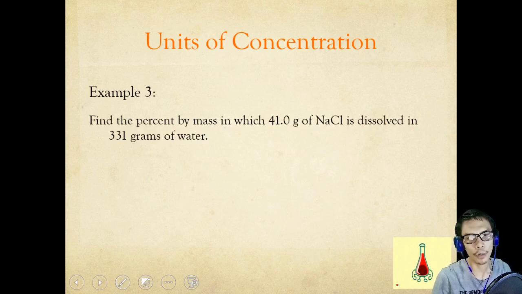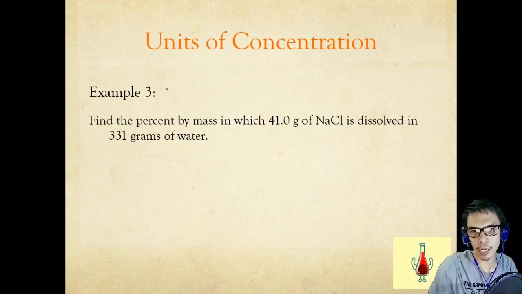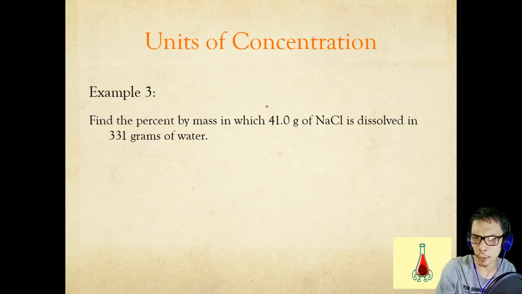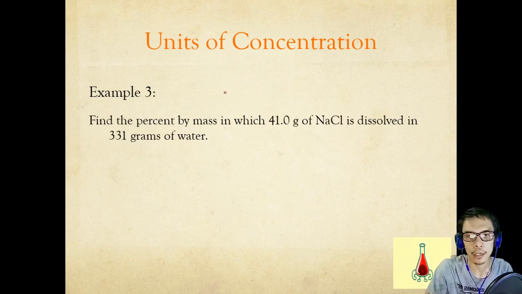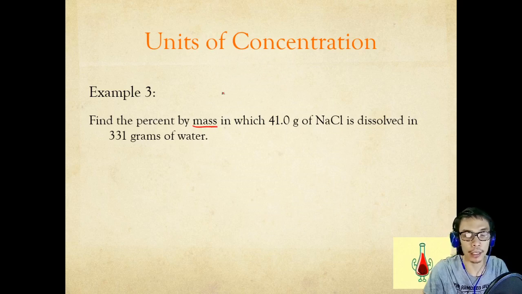Next, we work on sample problem number 3. Find the percent by mass in which 41 grams of NaCl is dissolved in 331 grams of water. In order to find the answer, we have here the keyword, percent by mass.